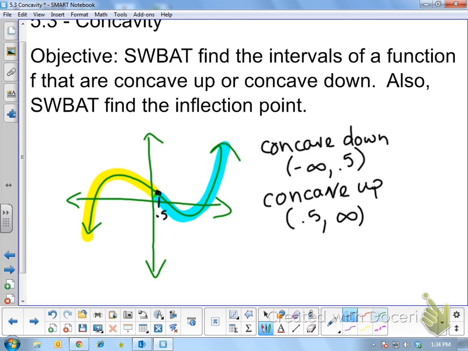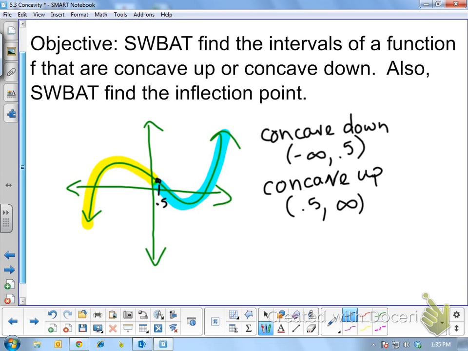So just like when we switch from increasing to decreasing, we had a maximum, or from decreasing to increasing, we had a minimum. If we switch concavity, but this time it doesn't matter which way, we still call the point an inflection point. It doesn't have a special name when you go one way or the other, whereas max and min do.